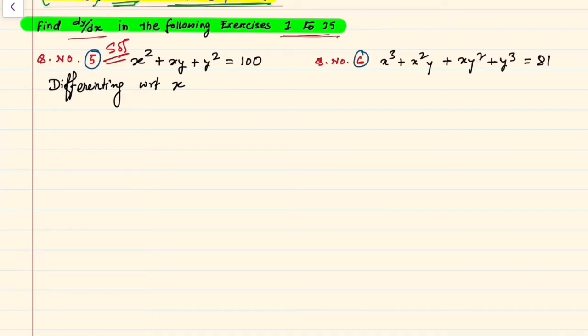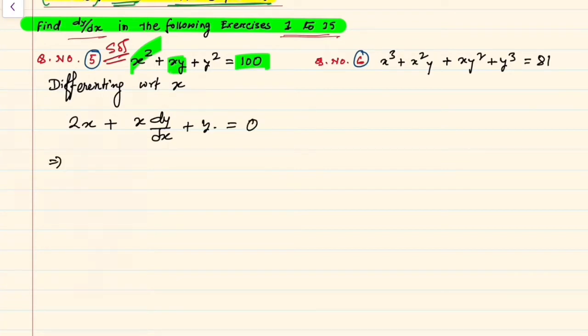We know the derivative of x square is twice x, so twice x plus, and here xy, you have to apply the product rule again. If you use the product rule here, x times the derivative of y is dy by dx, then y, and the derivative of x is 1, so y into 1, that means y. Then the derivative of the constant 100 will be 0, isn't it?